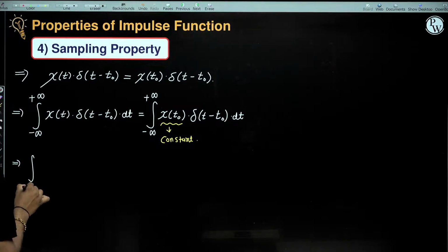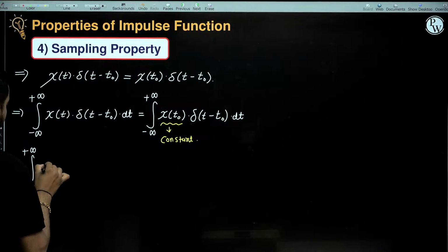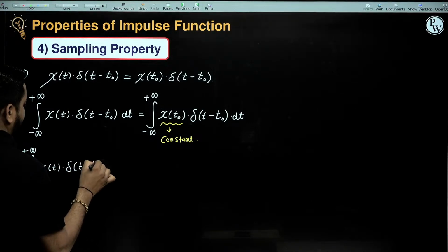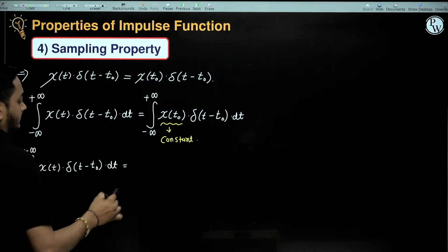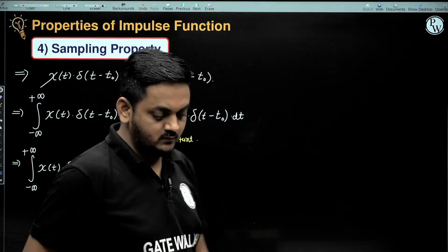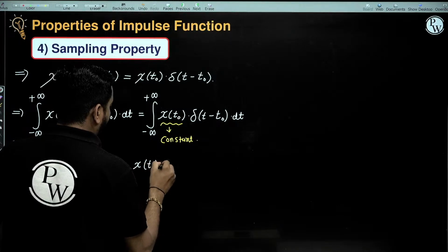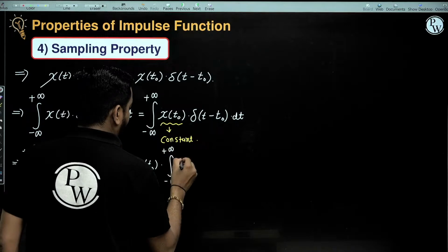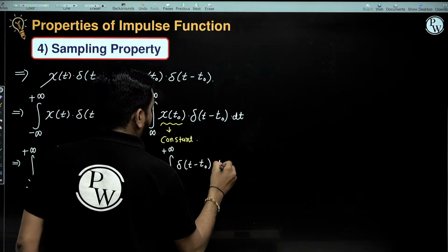So integration minus infinity to plus infinity of x of t into del t minus t naught dt is equal to x of t naught times the integration minus infinity to plus infinity of del t minus t naught dt.